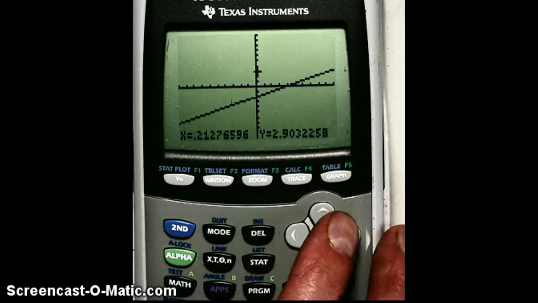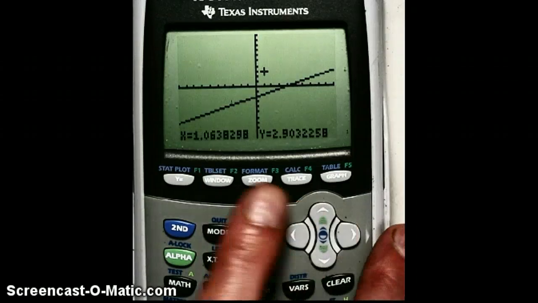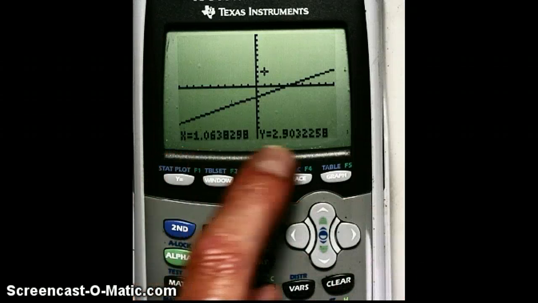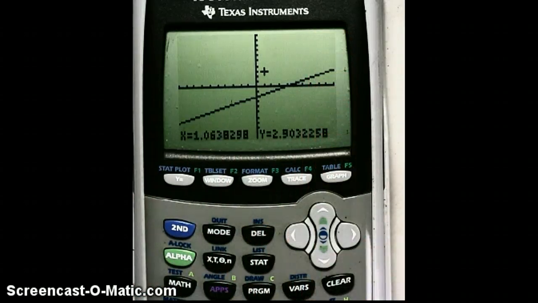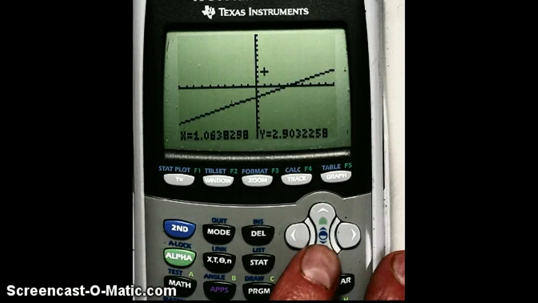Now you may have noticed that your screen has these little pixels. There's 126 wide and 63 going up and down. It's like your palette, if you would. And there's a lot going on there numerically behind the scenes, but really what's happening is just graphing on the X and Y plane. Same thing you have been talking about.